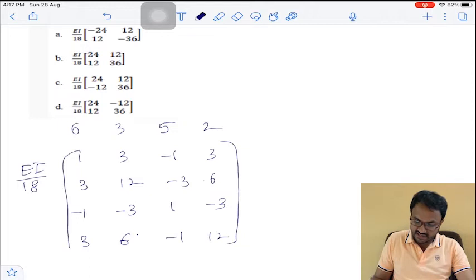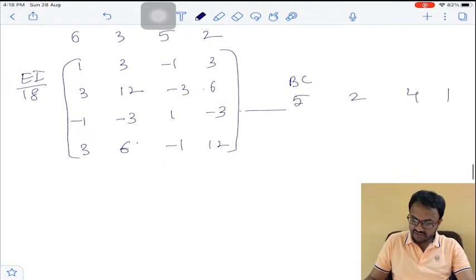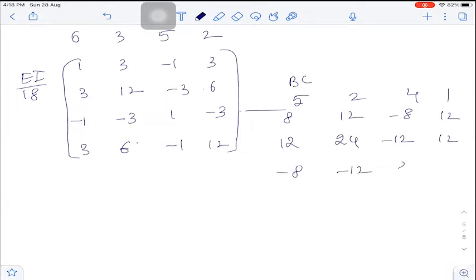This is the stiffness matrix corresponding to AB. And for BC, the degrees of freedom are 5, 2, 4, 1. This will be 8: 8, 12, minus 8, 12; 12, 24, minus 12, 12; minus 8, minus 12, 8, minus 12; 12, 12, minus 12, 24.